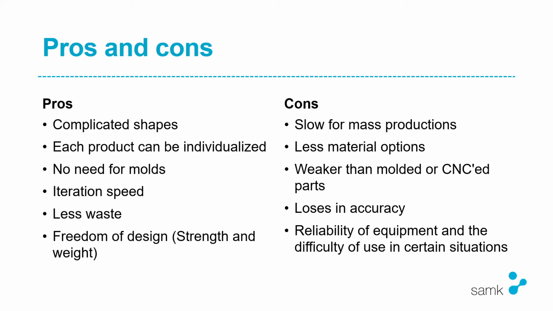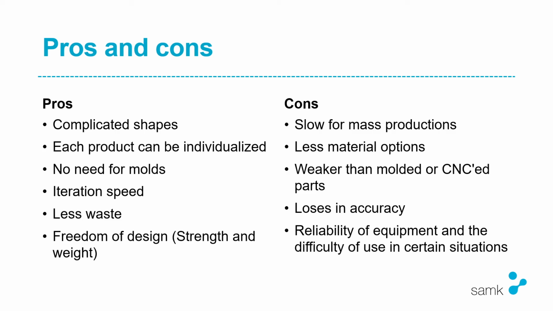It loses in accuracy because the printers can't get exactly the same accuracy as a CNC machine or a molded part, because those are really accurate. But when we're talking about accuracy in 3D printing, we are still talking about 50 to 60 microns, or even less, like 20, 25. It really depends on the printer.